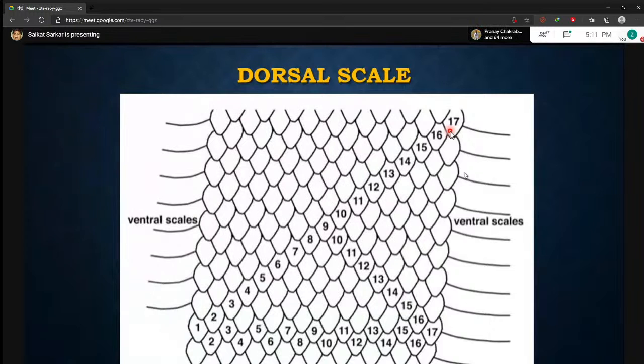Okay, so this is 17. In some other snake it may be 19, it may be 21, like that. And in most cases it is odd numbered. This will be either say 17 or 15. The last count will be say 15, 17, 19, 21, like that. Okay, and there are even numbered scale counts that I'll discuss later on.